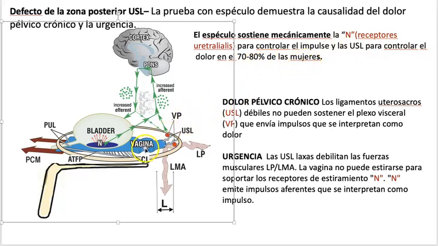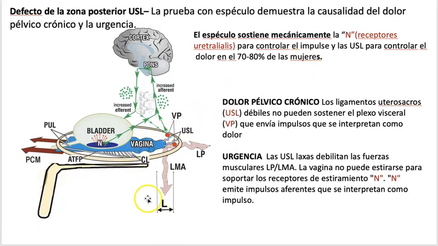Now, this is a very easy test to do, and you can do it in the clinic. So, if a patient has chronic pelvic pain or urgency, now I want you to look here. These are the visceral plexuses, and it is the origin of chronic pelvic pain.